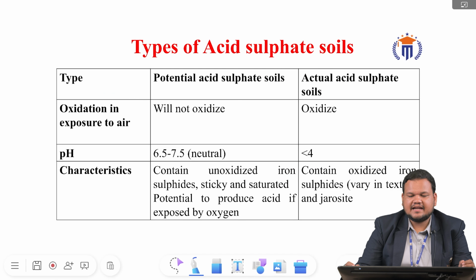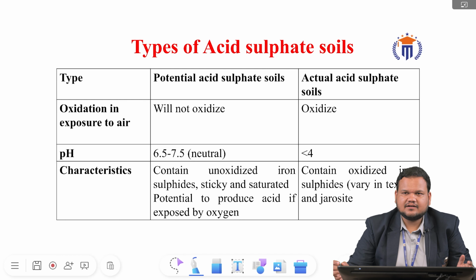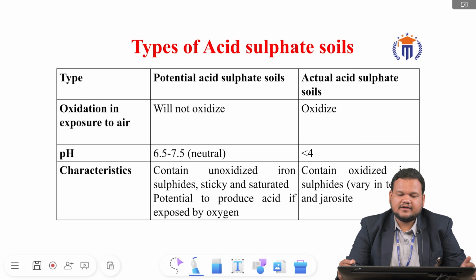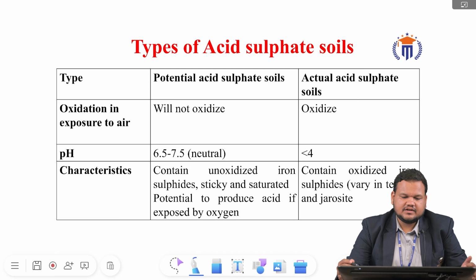So basically there are two types of acid sulfate soils: potential acid sulfate soils and actual acid sulfate soils. The potential acid sulfate soils will not oxidize on exposure to air, whereas the actual acid sulfate soils will oxidize in the presence of air. You can see the pH of potential acid sulfate soils is 6.5 to 7.5, which is a neutral level.